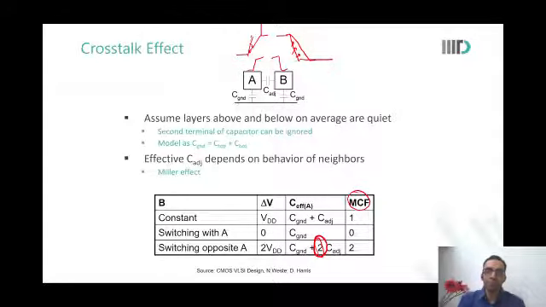Sir, if one wire is affecting another wire, then what is the use of minimum DRC? Okay, I ask you to draw two lines. Just draw with your pencil two lines 1 micron away from each other.